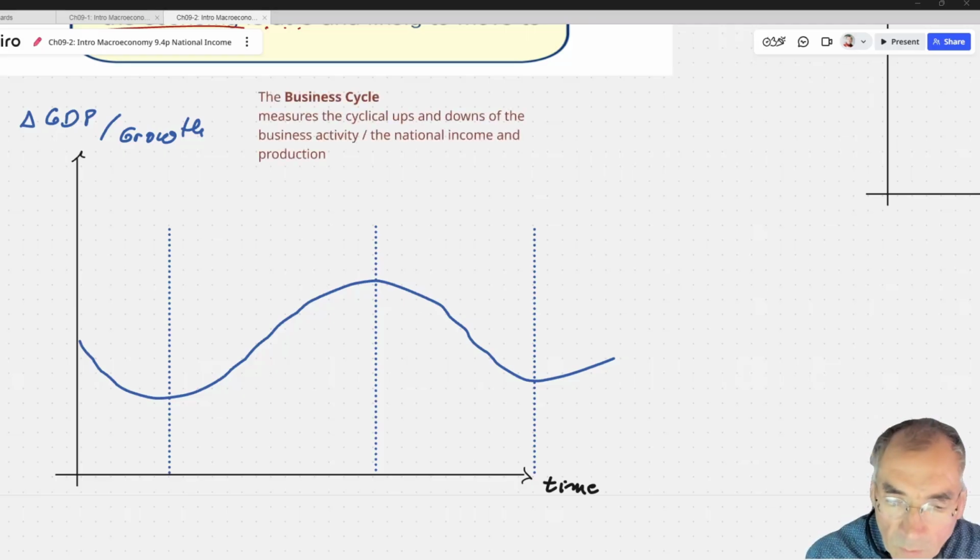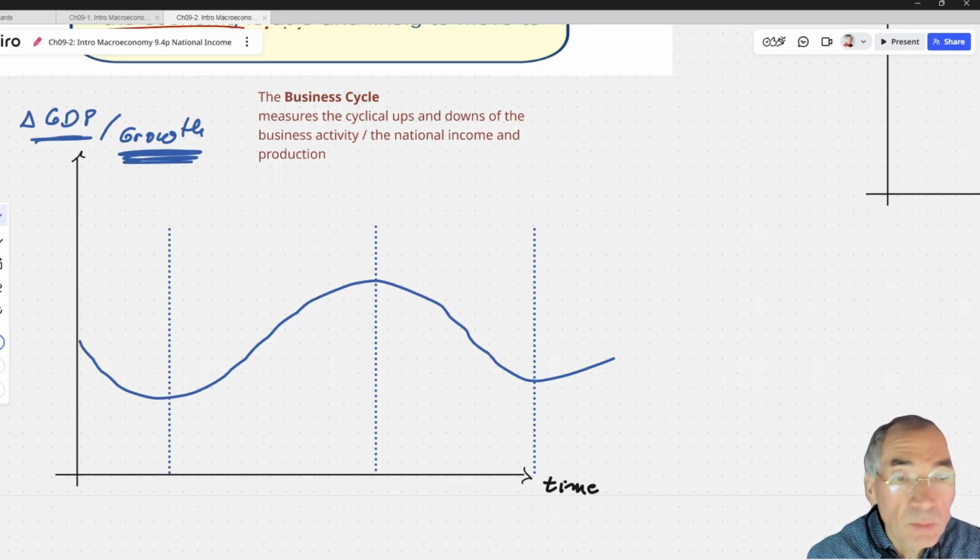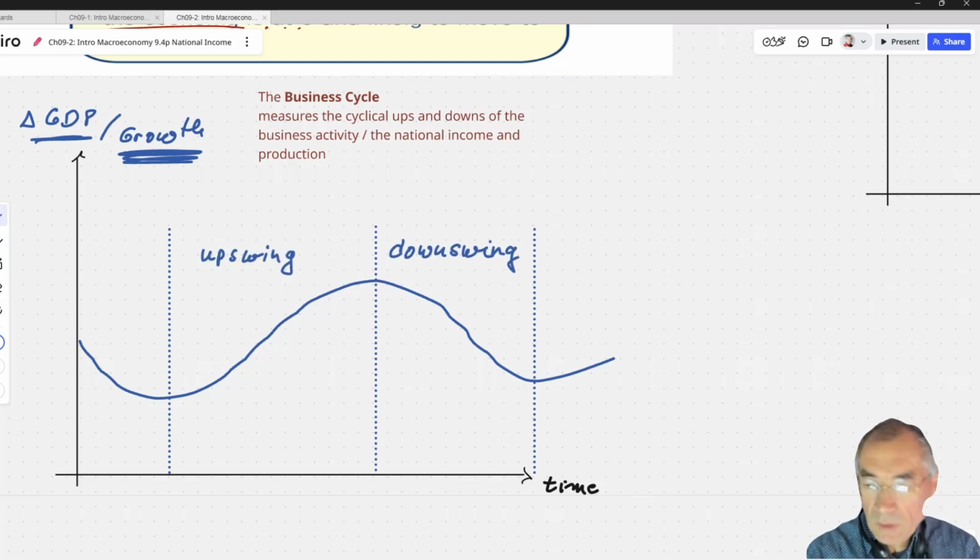Please note that what we have written here is the growth, the delta, the change in GDP from one period to another, typically from one year to another, but it might be measured in quarters, even sometimes in months. And then we can differentiate between an upward movement and a downward movement. Let's call them upswing and downswing. And it's not intended that the downswing is a bit shorter than the upswing.